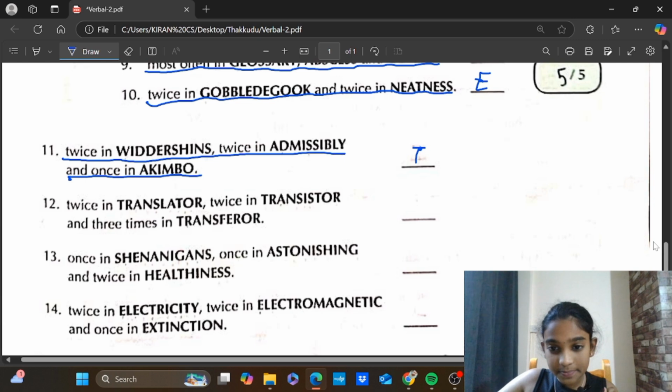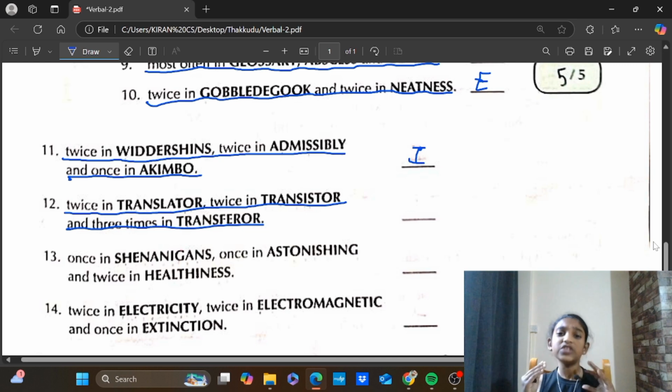Okay? Let's move on to the next question. So the next question is twice in the first word and twice in the second word and 3 times in the third word. Okay, so we need to find out which letter comes twice in the first word and the second word, but 3 times in the third word.